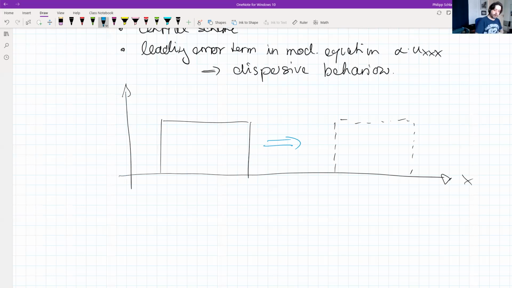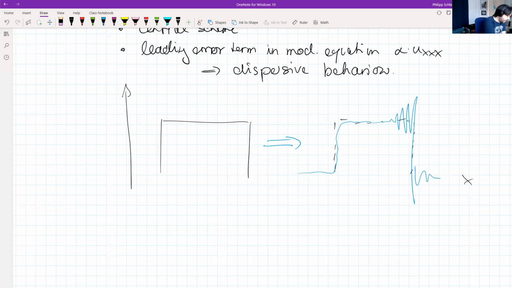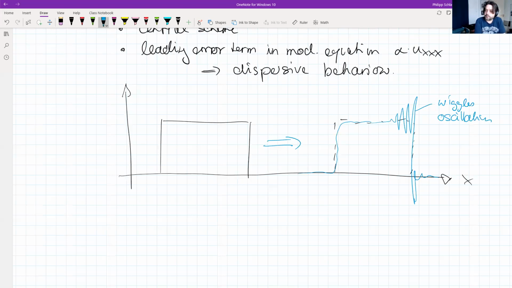Now, a dispersive behavior is that the solution would then look something like this. You would start to see wiggles around discontinuities, wiggles or oscillations that appear in the solution. And this is a typical dispersive behavior.